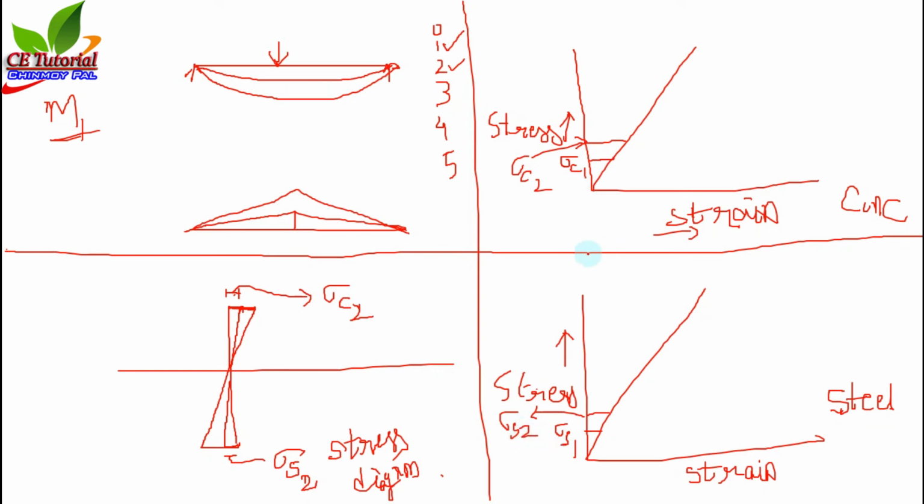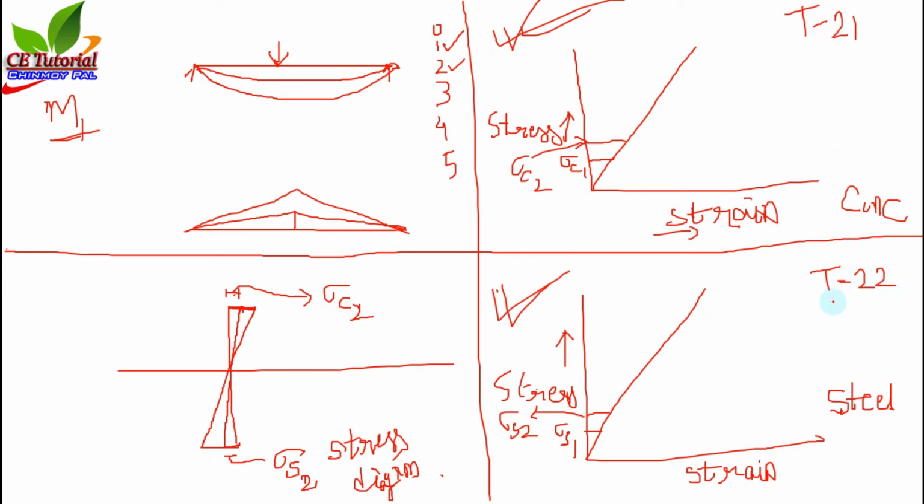Okay, and the IS code, please keep in mind, IS code provides you this diagram and this diagram. These two diagrams IS code provides in terms of table 21 and table 22. I will take a few, ten minutes, to complete this. Don't worry.